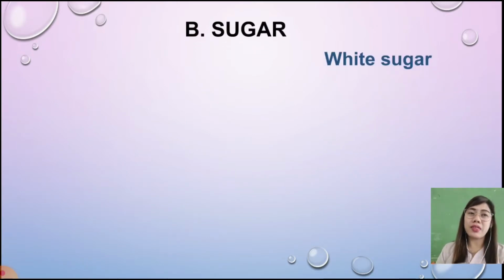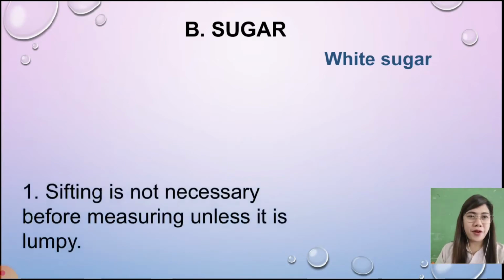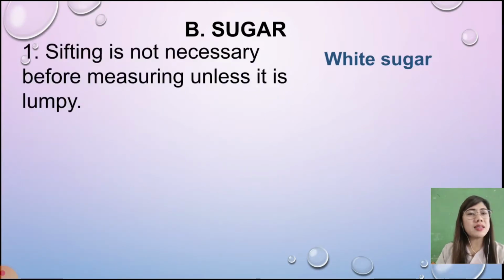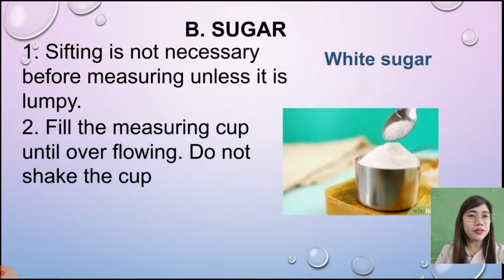The second one is the sugar. So how can we measure the white sugar? First, sifting is not necessary before measuring unless it is lumpy. Unlike our flour, sifting is not needed in measuring our white sugar, or the granulated one. All we have to do, if there's a lump, is stir it well.